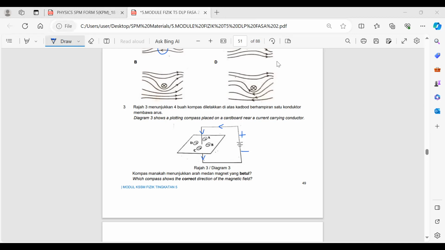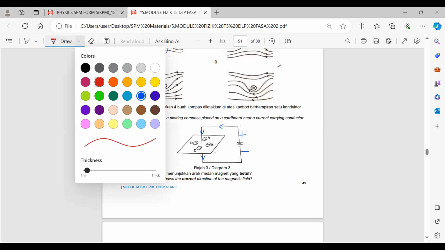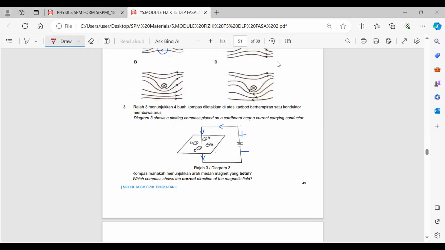So magnetic field, we are expecting the magnetic field to be like this. So meaning if you use your right hand grip rule, the magnetic field should be in a direction of clockwise.